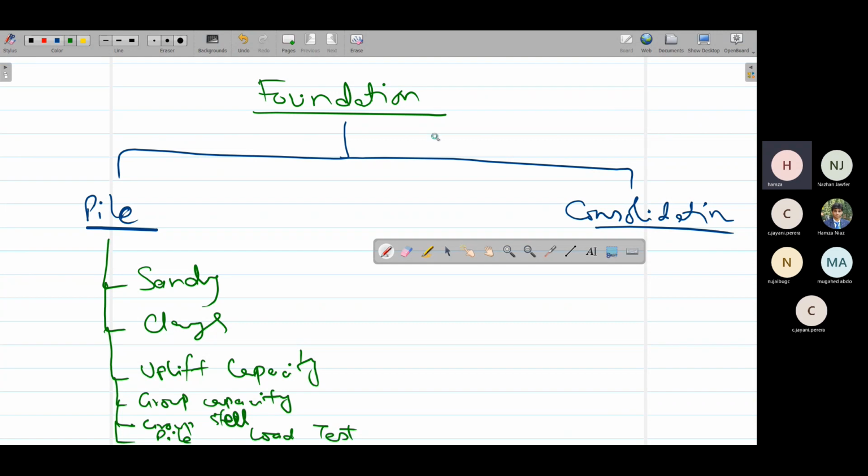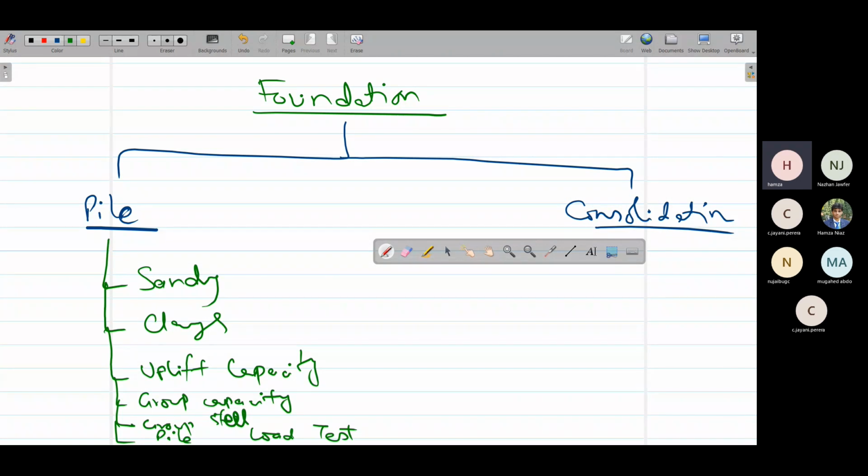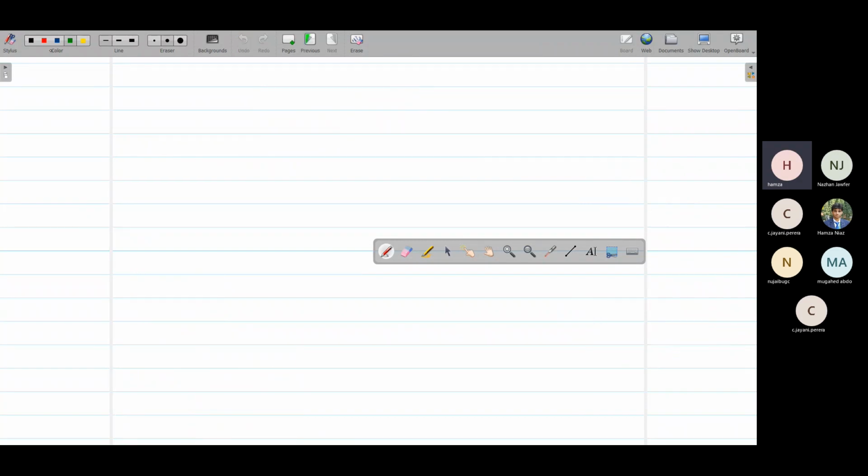So these six or seven things are there. And for consolidation, we have three kinds of cases. The first one is over consolidated clays, then normally consolidated clays, and in over consolidated there are two different topics. So we'll discuss this later on. First of all, we'll move towards the pile design.